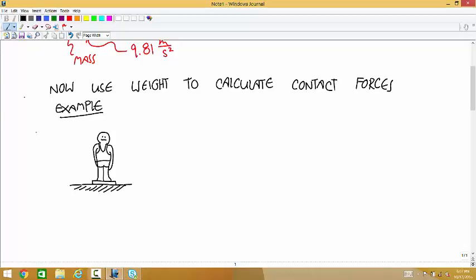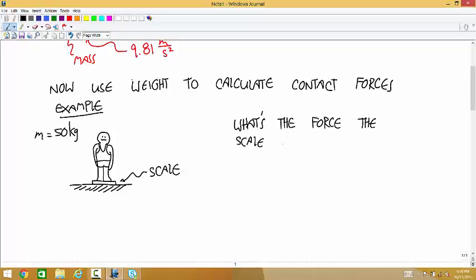And let's say the person has a mass of 50 kilograms, like 120 pounds or something. And we want to know what's the force the scale applies to the man.